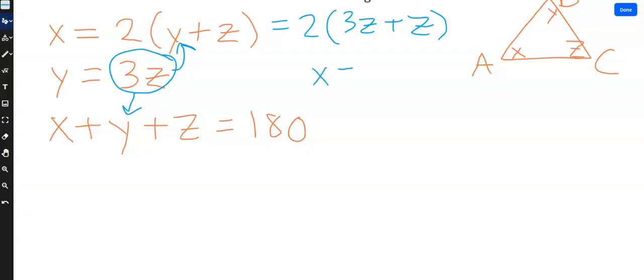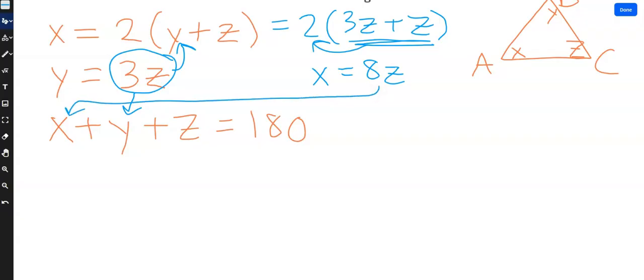That means that x is equal to, let's see, that's 4z times 2, 8z. Because now that can get replaced in there. So we have 8z plus 3z plus 1z equals 180. Okay, this is going to work.